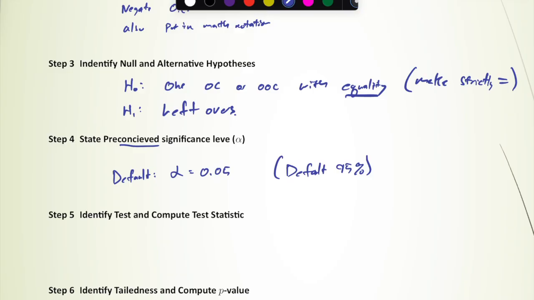Okay, identify test and compute test statistic. So you'll remember from before, I think it was day 7, no, it was day 8, where we talked about the different tests.